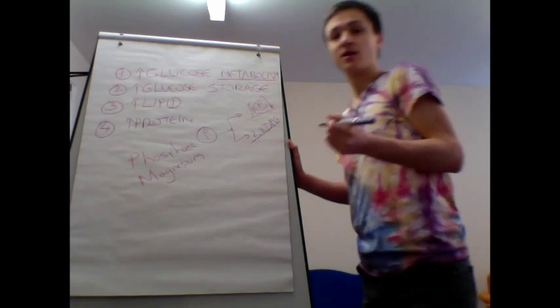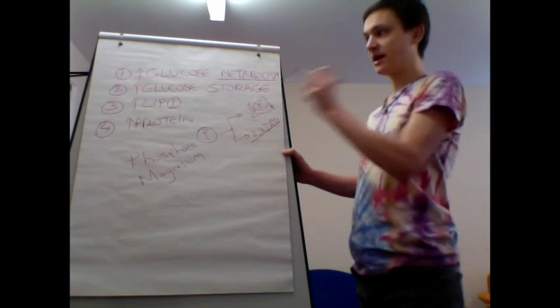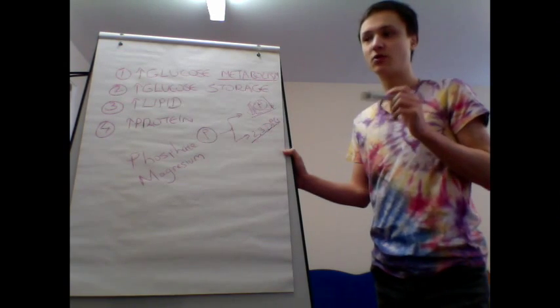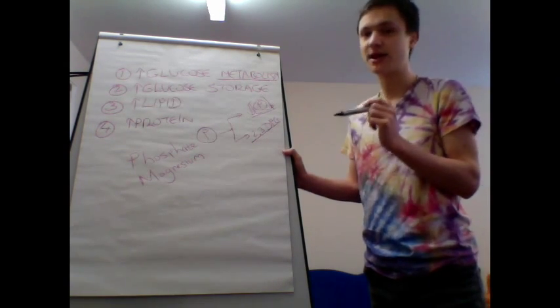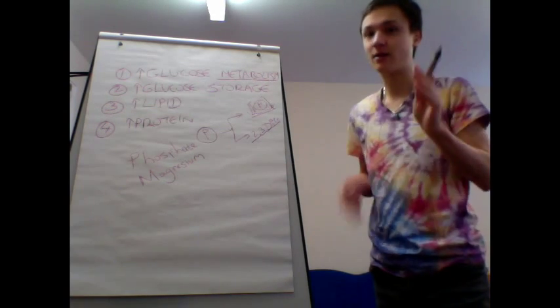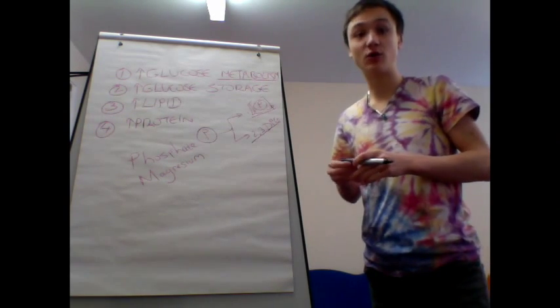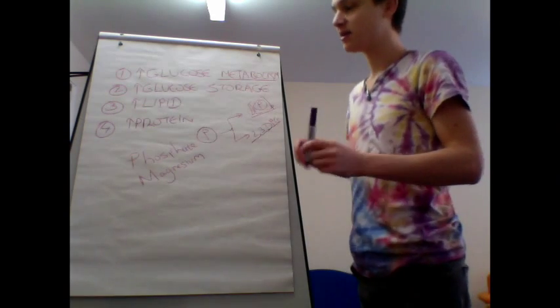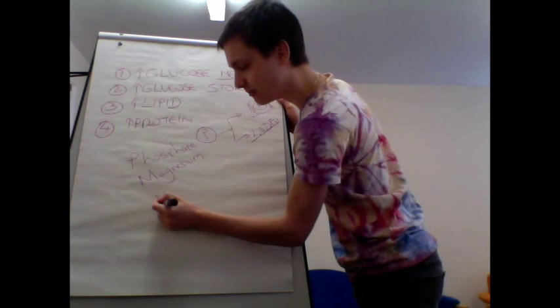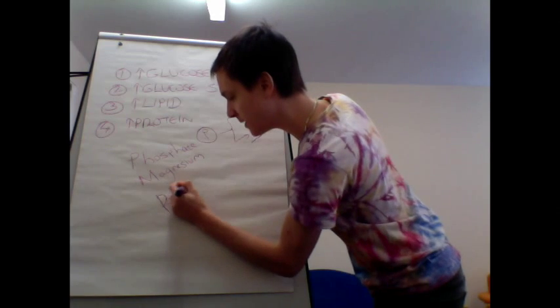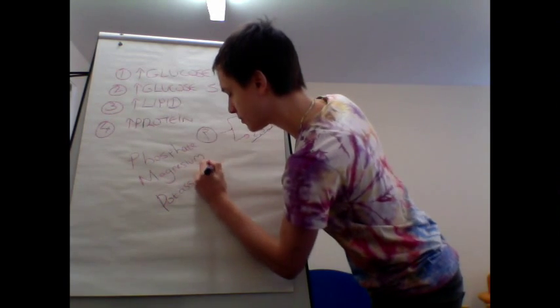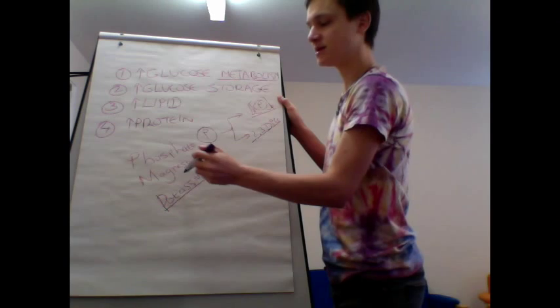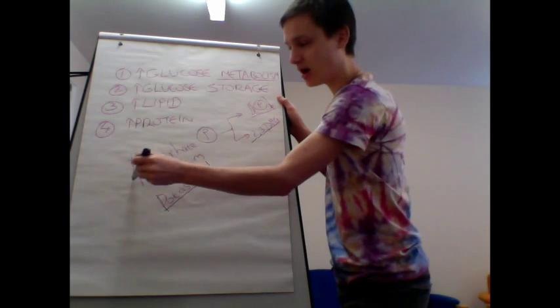Okay? Now, the other thing that insulin has an effect on is it causes the amount of potassium in your blood to go down, and this is through a direct action on a protein that's sitting on your cells. And so this causes the amount of potassium in your blood to go down. And potassium and magnesium are linked.